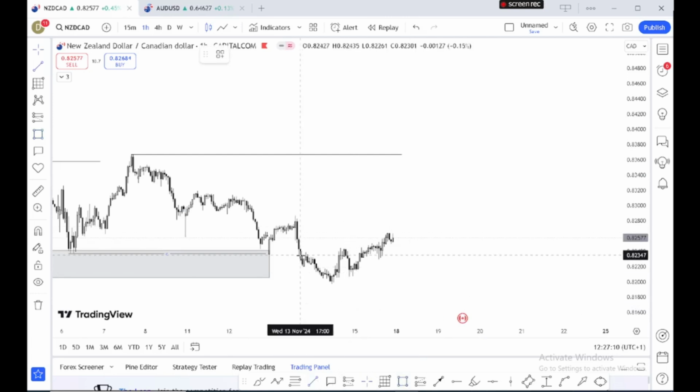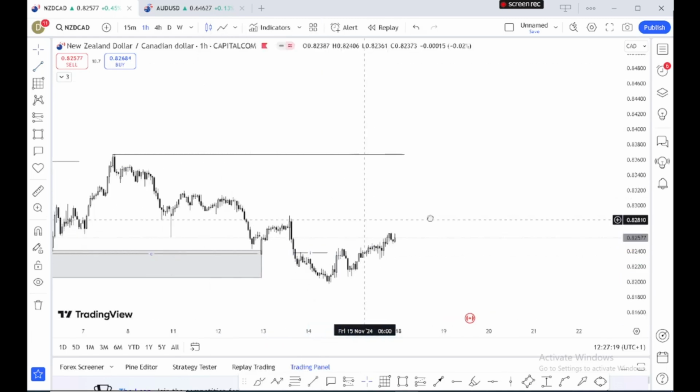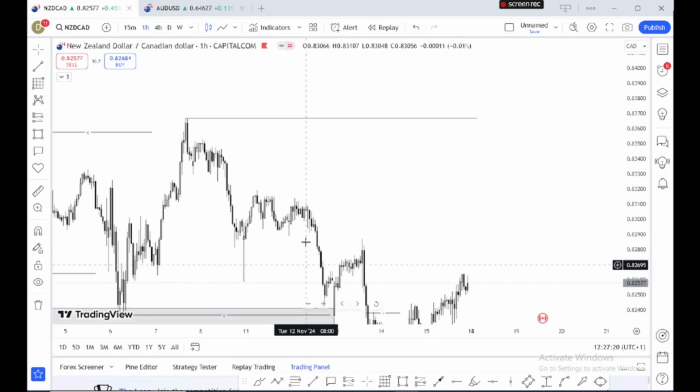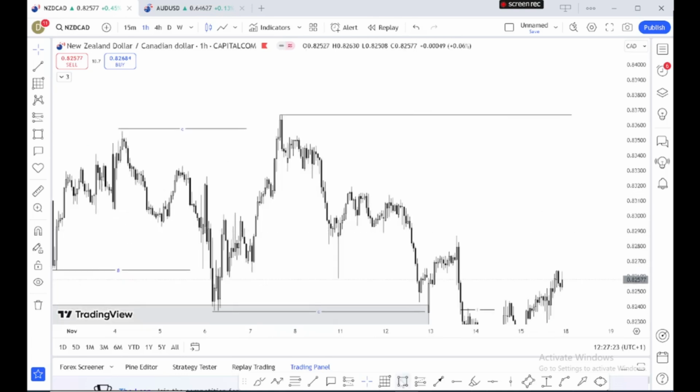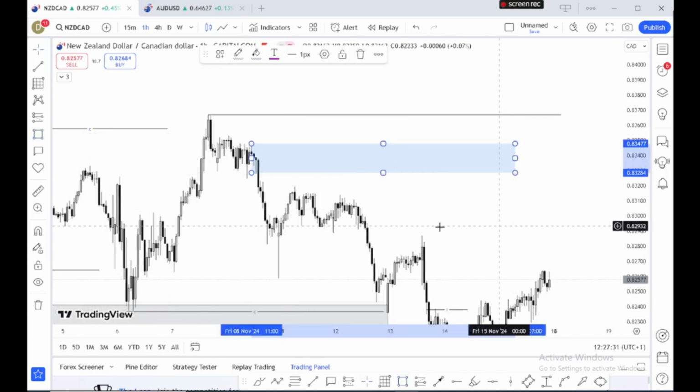So what I look for here is I mark my 1 hour inducement in this level. Then I want to see whether we had a POI at this level, at this extreme. Yes, I think we had a POI here, because there is fair value gap.